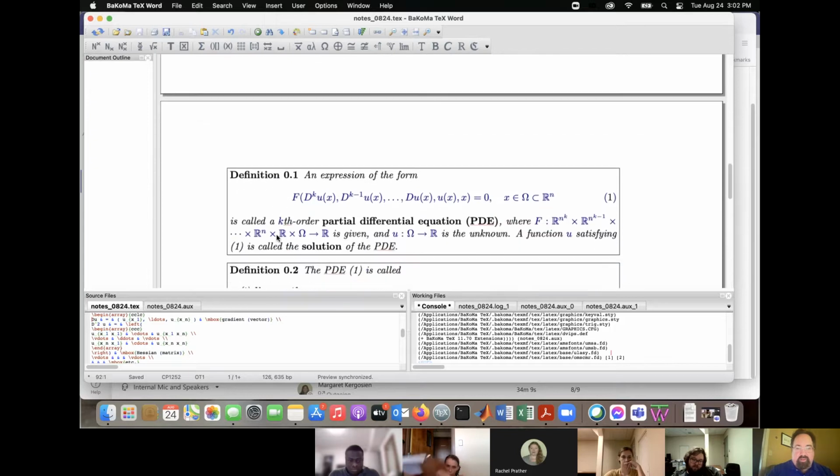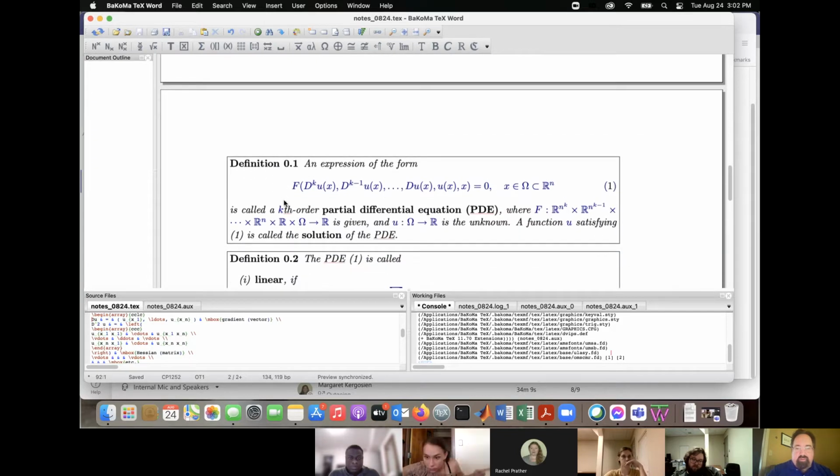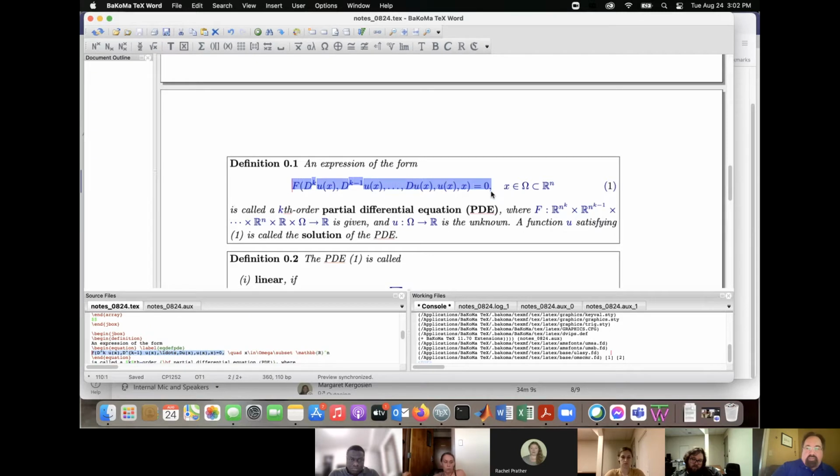So now I can use that notation to describe PDEs as generally as possible. What we have here, this equation, is the most general PDE that you can have.